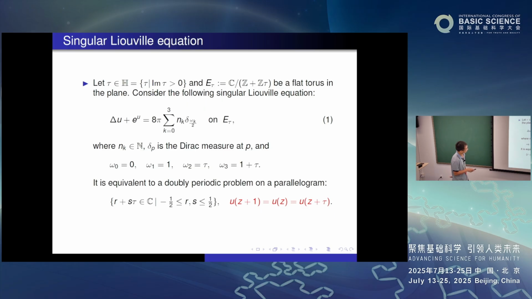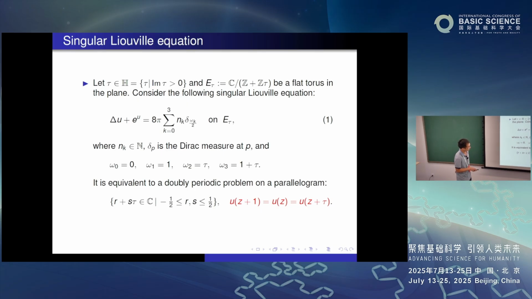These are the basic periods of the torus. So omega k over 2 is a half period, and here are some coefficients, 4 pi times some integer n_k. So this problem is equivalent to a doubly periodic problem on a parallelogram, because on the torus, z plus 1, z, and z plus tau are the same point.